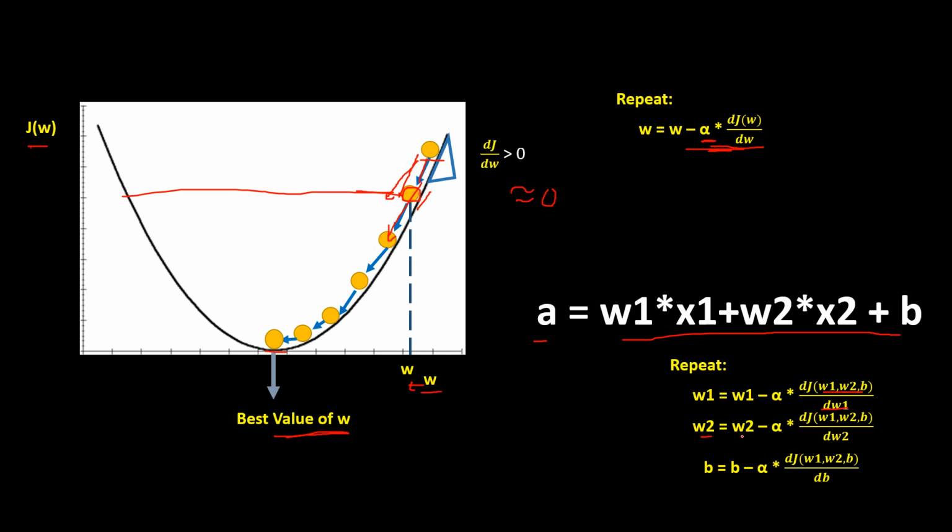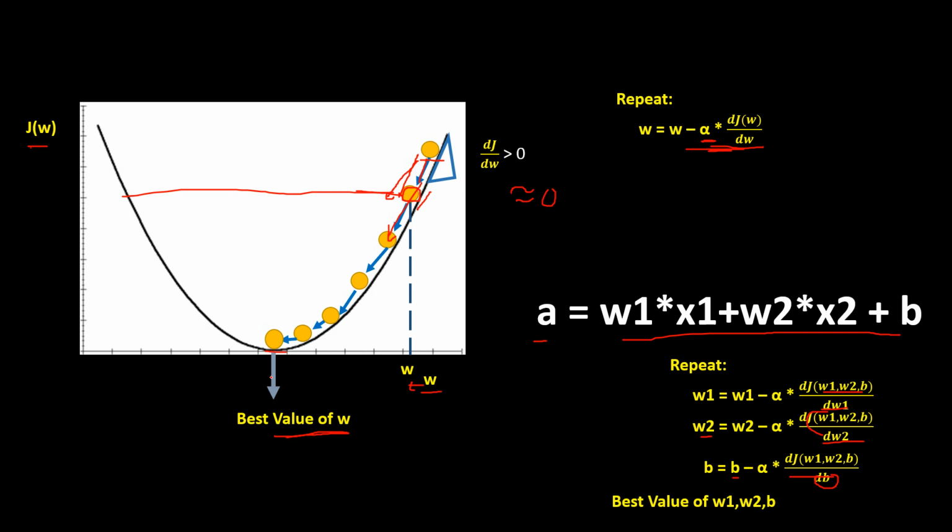Then w2 will be w2 minus alpha times the gradient with respect to w2, and for b we subtract alpha times the gradient computed with respect to b, db. So this is the mathematics of gradient descent. We keep repeating this formula again and again till we reach the best values of w1, w2 and b.